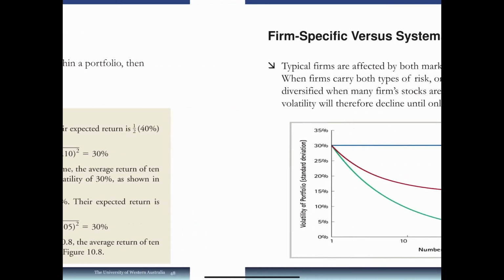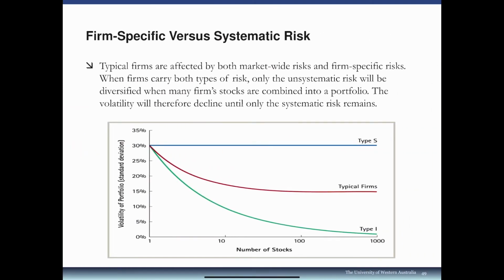So if you plot them together, let's say we focus on the blue line over here. It shows that it doesn't really matter how many type S firms you're holding, the volatility of your portfolio will be the same as the individual company, 30% here.